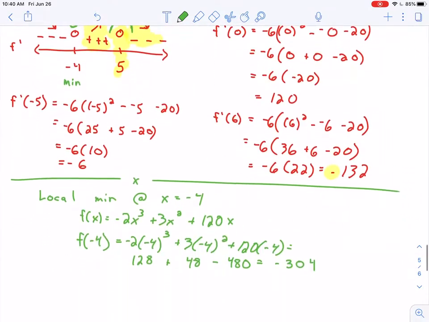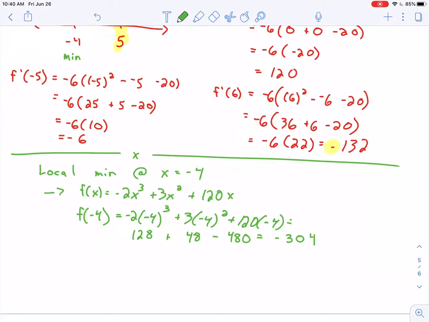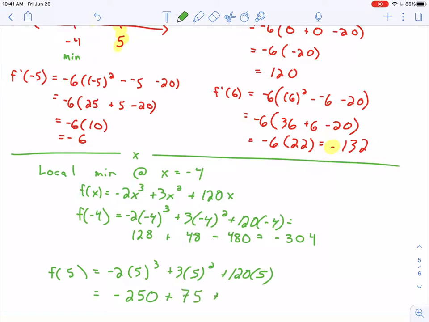And once again, just like I did before, I'm going to take that x value and plug that into my original function right here, because that's what's going to tell me the y value. So f of 5 is equal to negative 2 times 5 to the third plus 3 times 5 squared plus 120 times 5. So I should have negative 250 plus 75 plus 600.